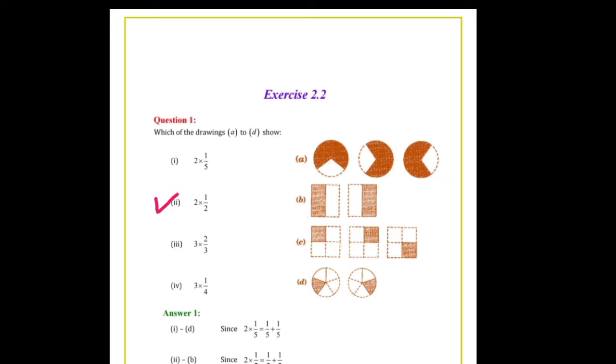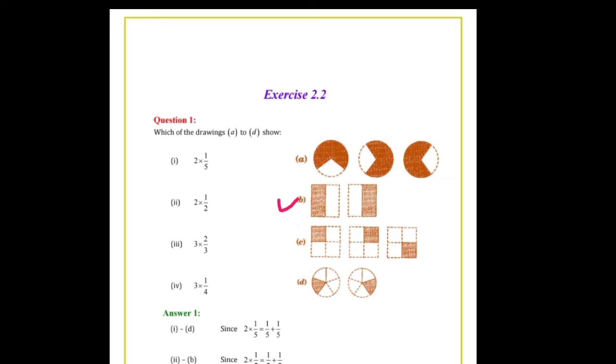So now identify, students. 2 times 1 upon 2 means total 2 parts and its 1 part is shaded. So it's the second, that means B figure.